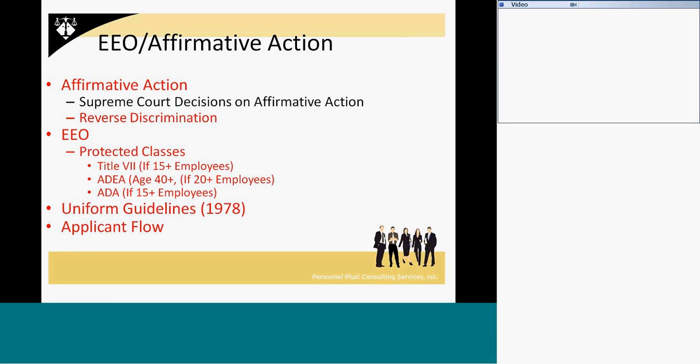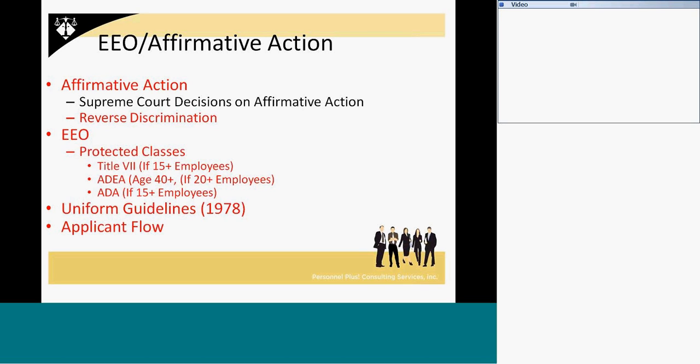Affirmative action is remedial action legally, and remedial action is action that's taken because of past discrimination. So, for example, if I had two runners in my foot race, one of them could run from the starting point and had no encumbrance, and the other would have a 20-pound weight put on their ankle at the beginning of the foot race, EEO would be removing the weight from their foot.